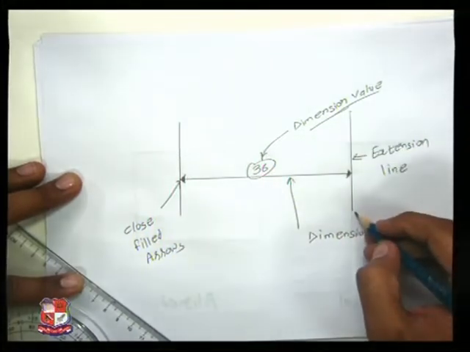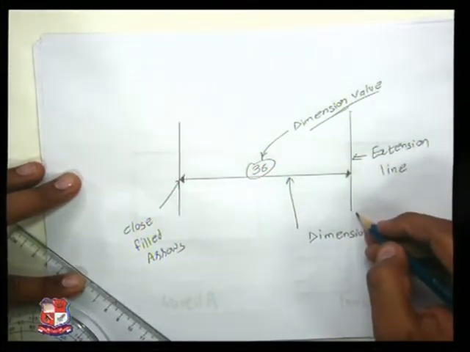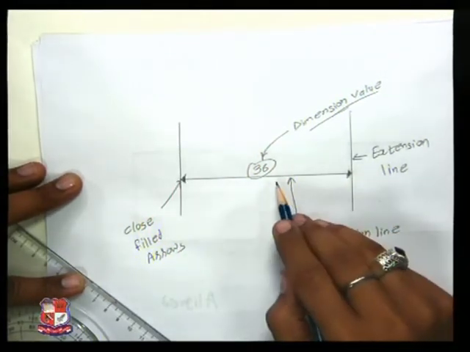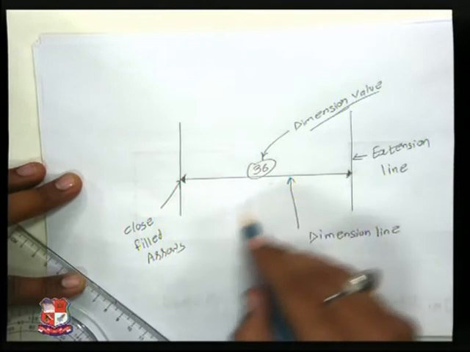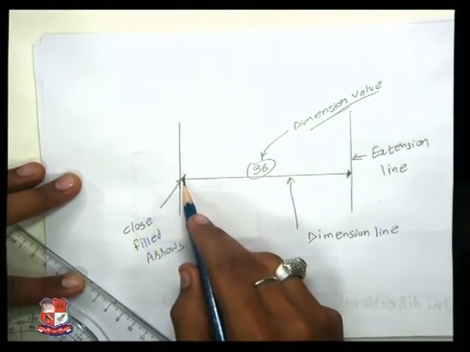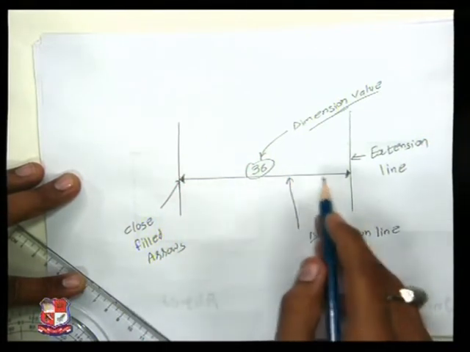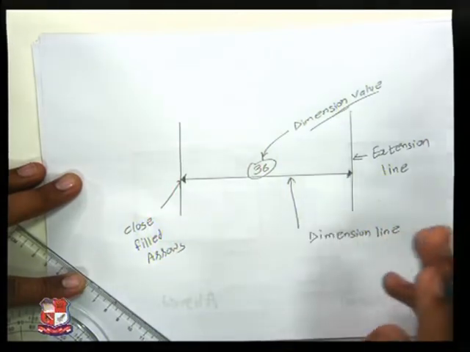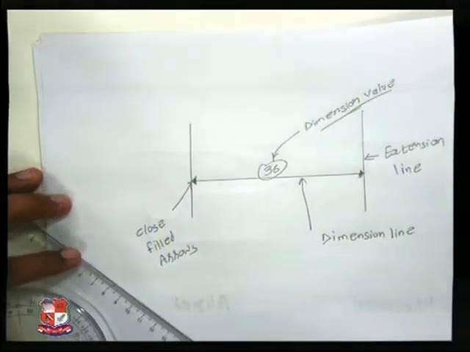Extension line shows the distance between two objects. Dimension line shows the proper dimension. Closed filled arrows denote the distance between two lines, and dimension value is the proper value of the dimension.